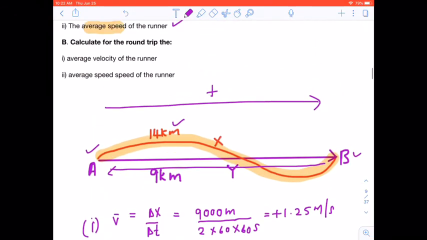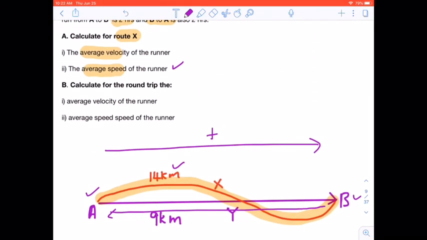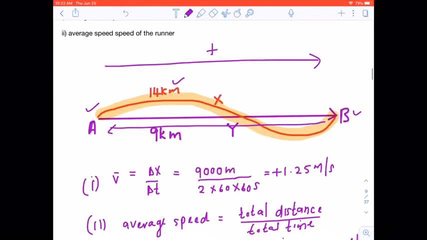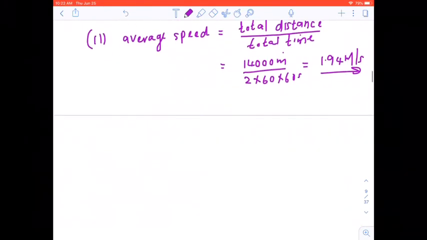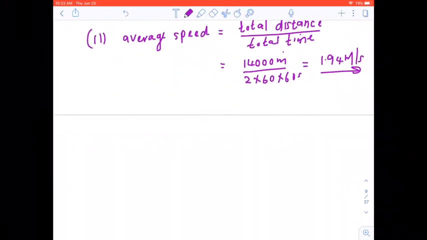Okay, now what happens? We want to calculate for the round trip. That means going from A to B and B back to A. So what is the average velocity?